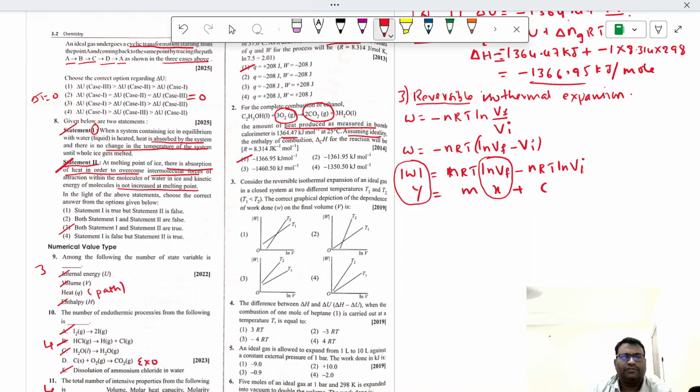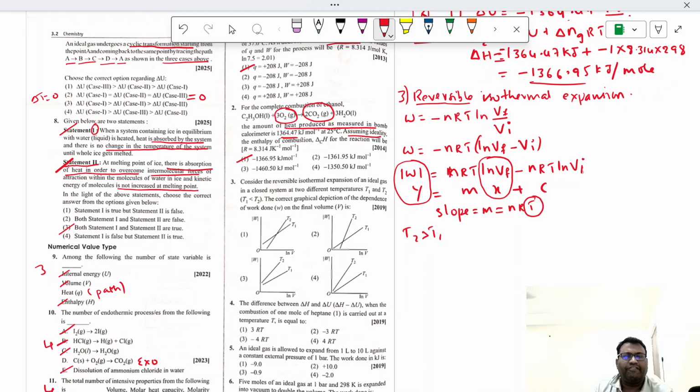And what is the slope? Here the slope m is equal to nRT. Here temperatures are mentioned, and it is mentioned that T2 is greater than T1. That means the more the temperature, the more the slope.